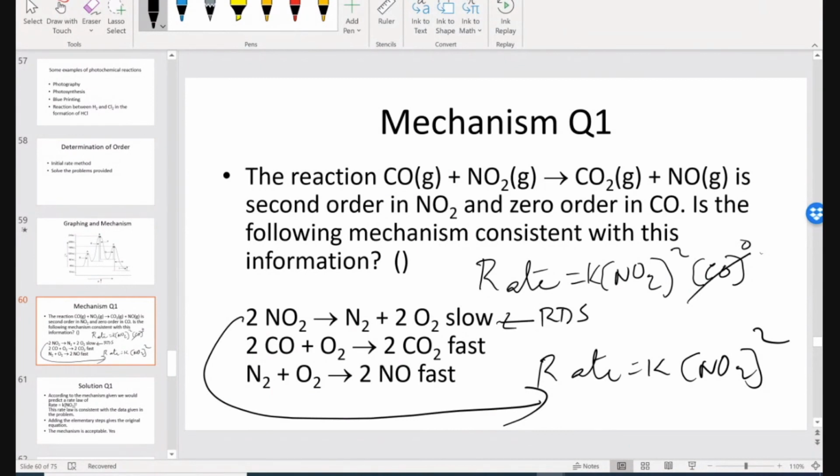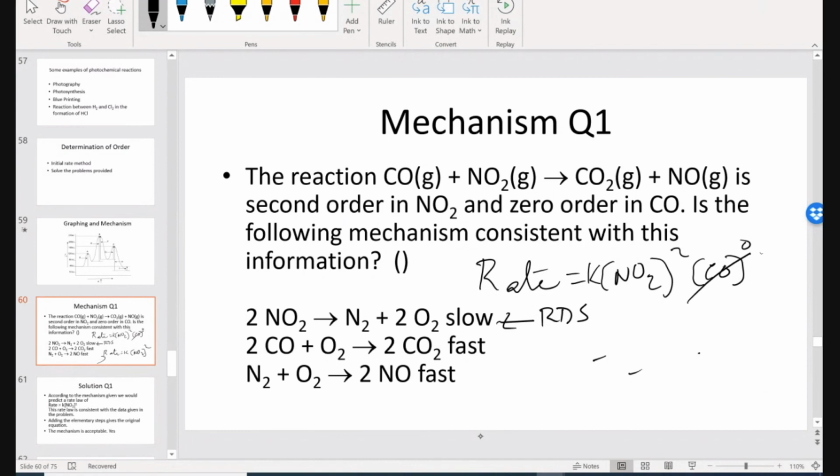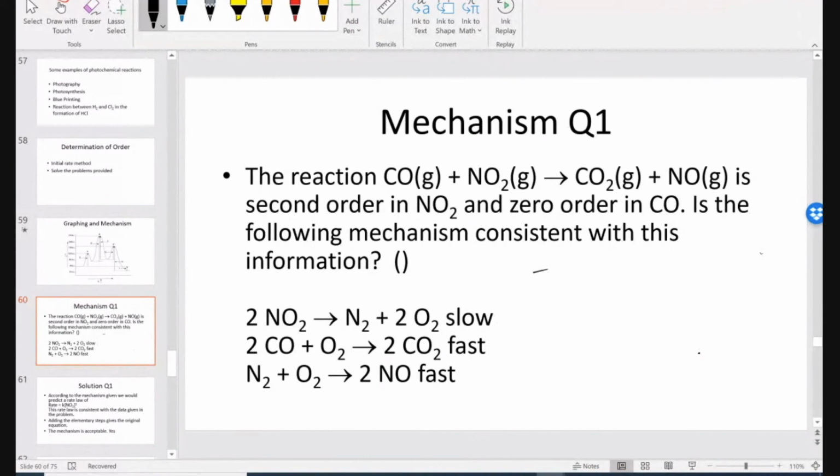Okay. The second aspect that you have is you have to actually add up these equations. When you add up all these three, what do you get? So you have, let's say, N2 over here, N2 over here, you can cancel that out. You have 2 O2 here. You have 1 O2, 2 O2. So this and this cancels, and this goes away. Again, what else is there?